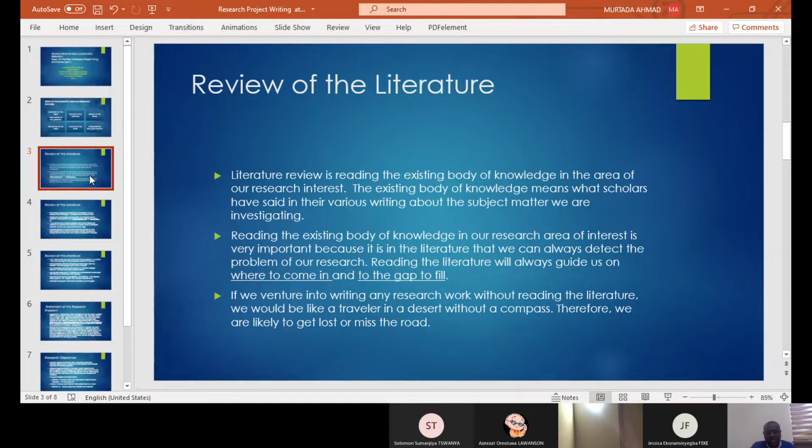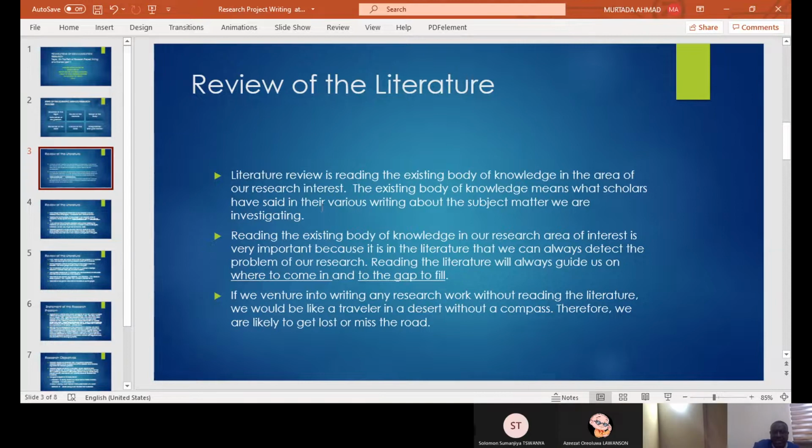Like I told you, literature review is like a compass. If we venture into writing any research work without reading the literature, we will be like a traveler in a desert without a compass.